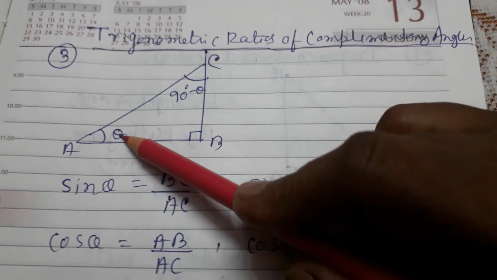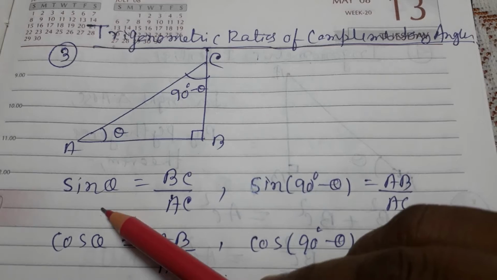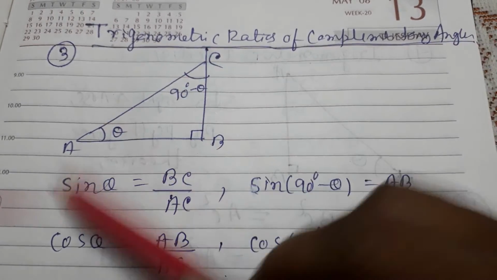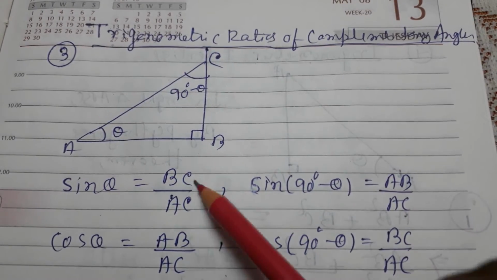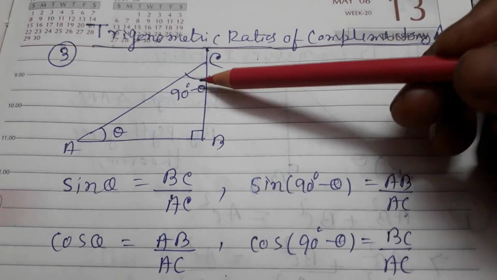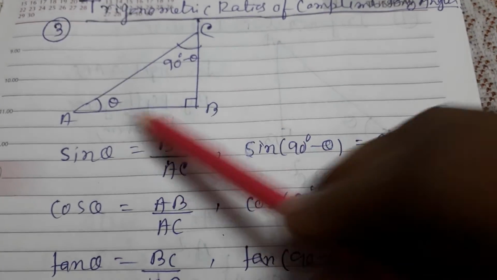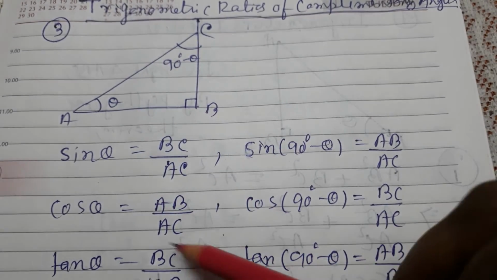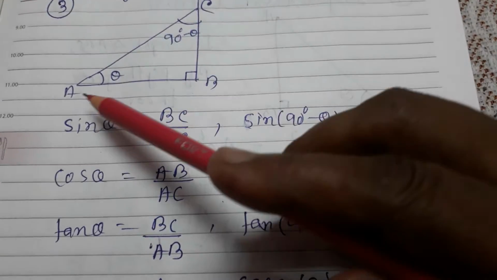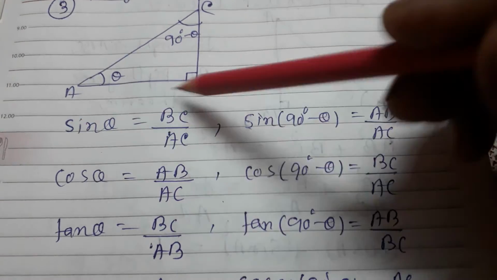So this is theta. So sin theta equals BC by AC, cos theta equals AB by AC, and tan theta equals, in this figure, BC by AB.